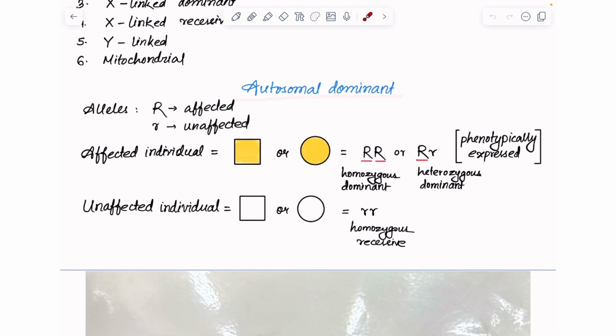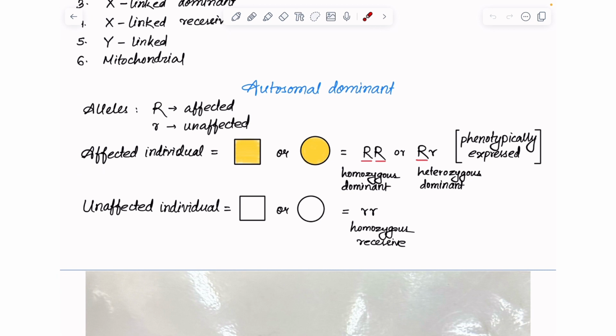In autosomal dominant, the trait that is being traced is a dominant trait present on an autosome, which is a non-sex chromosome. The dominant allele is going to be represented by capital R, that is the affected allele, and the small r is the recessive allele or the unaffected allele.